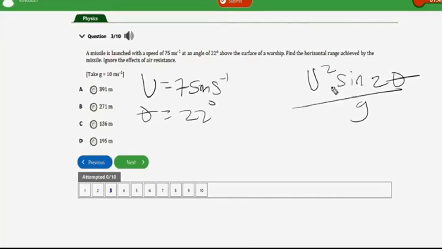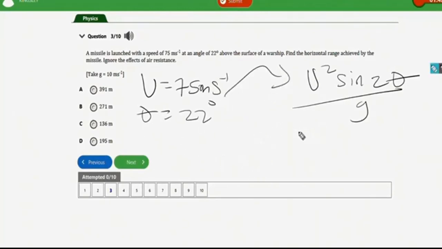It's necessary that you know these formulas for projectiles. You need to know them the way you know your basic alphabets or numbers. Alright, having known that, let's substitute these values in this formula for finding the range of projection.